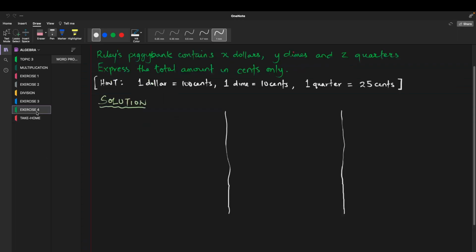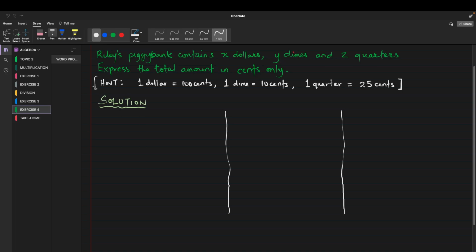To the final example of the day. This is quite an application problem, and we will break it down. Okay, so it says Riley's piggy bank contains x dollars, y dimes, and z quarters.